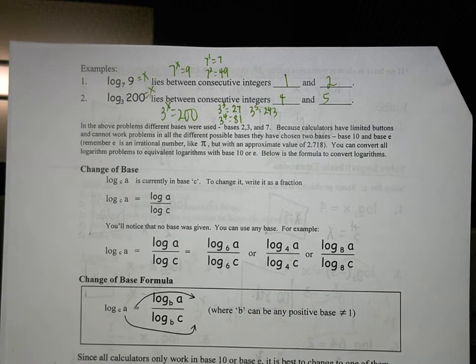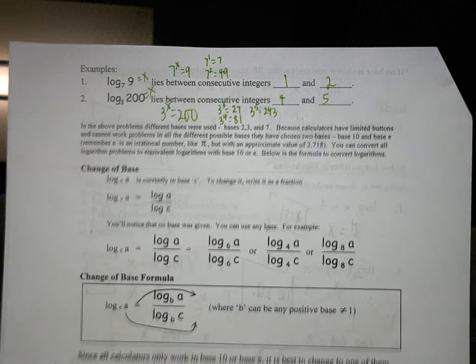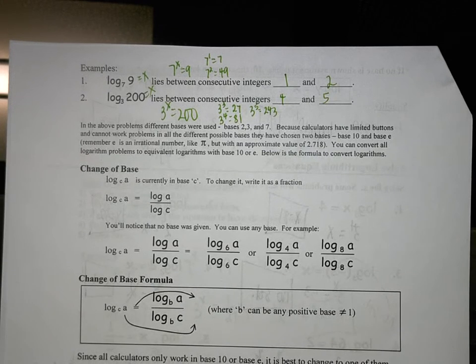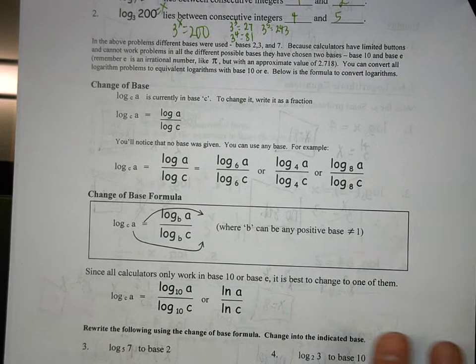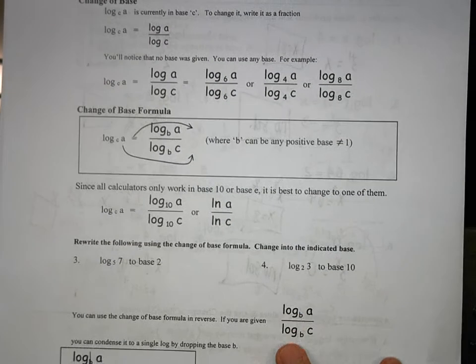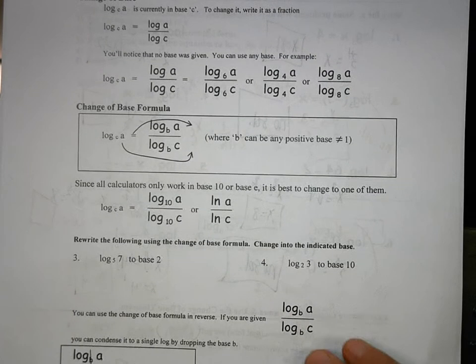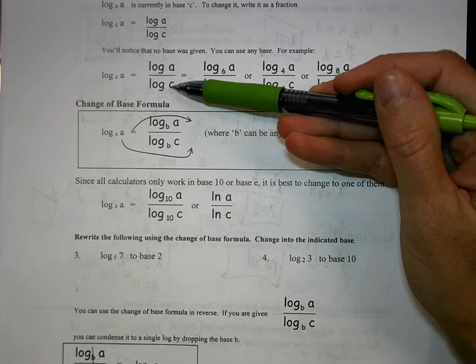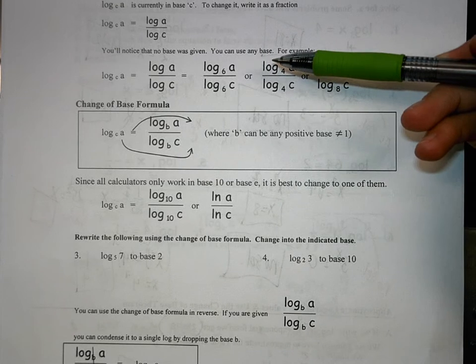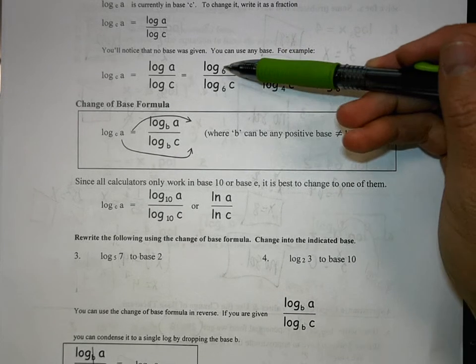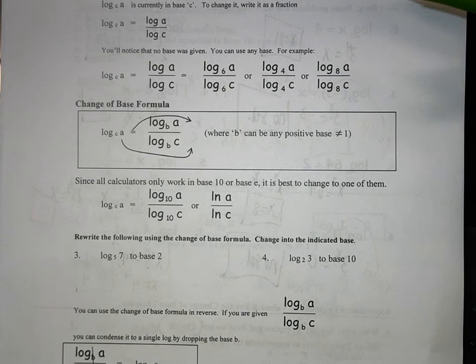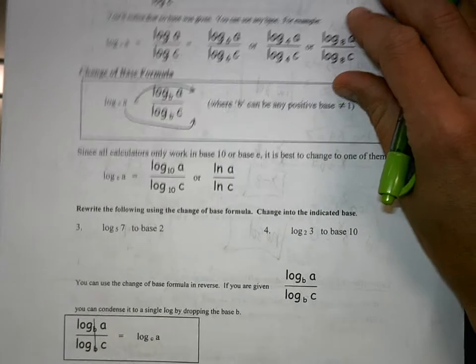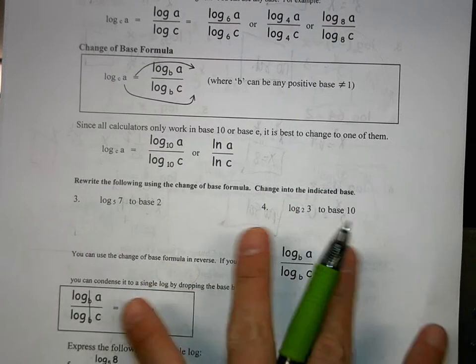Questions? Okay. All right. So the last thing I'm just going to briefly talk about is that logs can change bases. Okay. So if you have something like log of A over C, you could have log base 6 here or 4. You can change them to different bases, okay? There's also one thing, and I'm going to show you how to do the changing of bases in 1 minute.